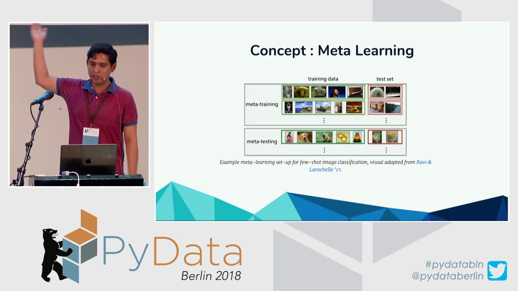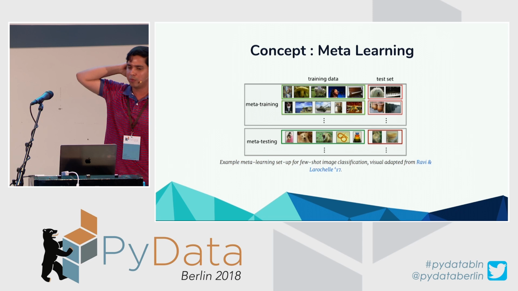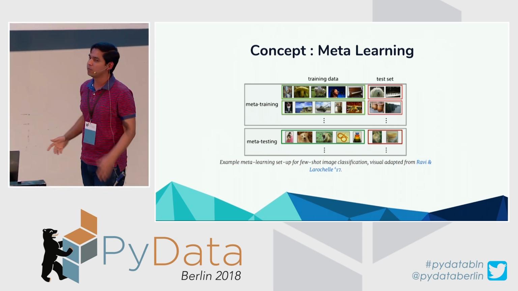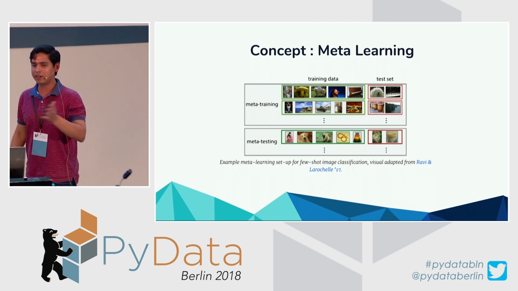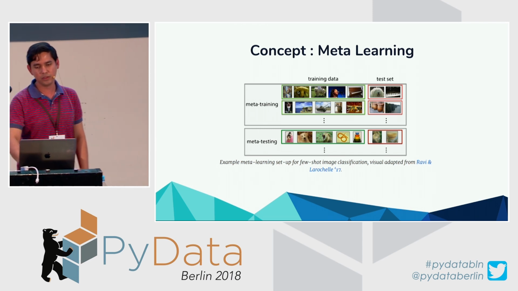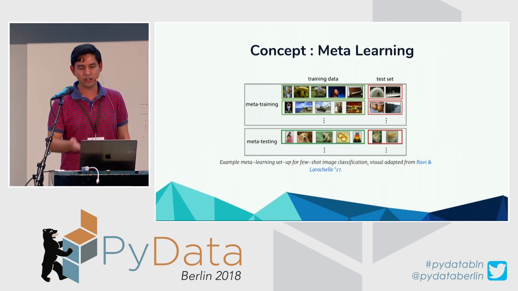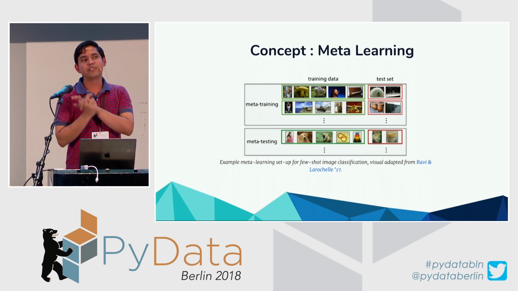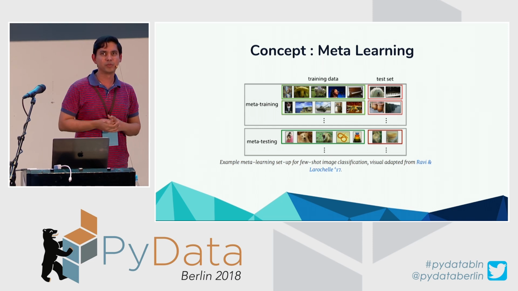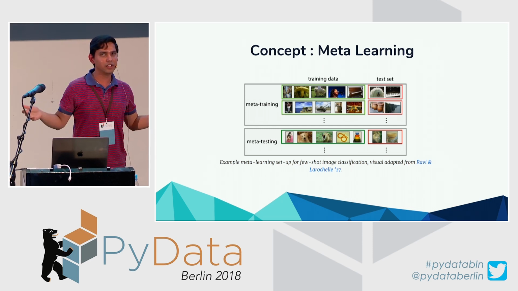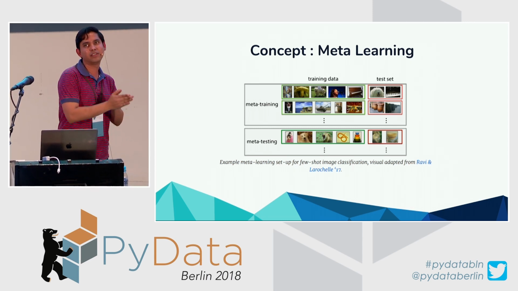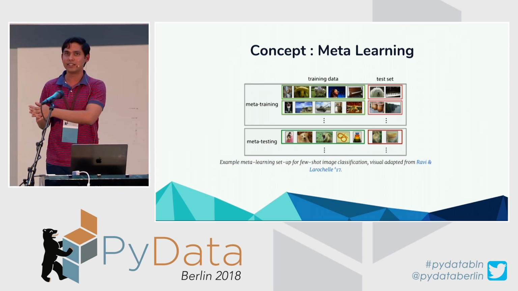In this example, this is a paper from Ravi and Larochelle, which I'm going to talk about in the end. They're trying to do meta-learning here and meta-testing. So here you see that they're also doing episodic learning of 5 images. You show 5 images here, and then in the test set, it can also vary from 2 to 5. This is very different from the conventional machine learning that we normally do. Normally we have a whole data set, and we split it into training and testing, but the classes that you have in training should be there in the testing data set.